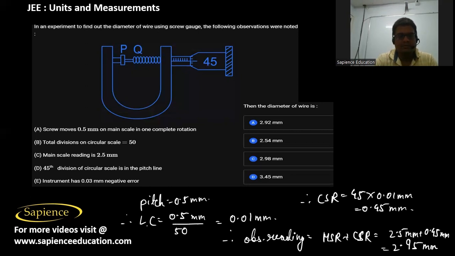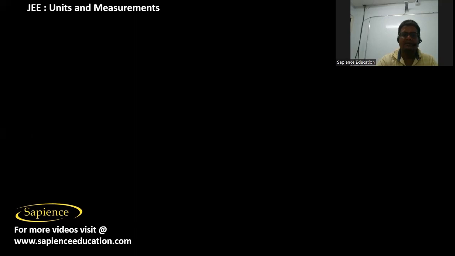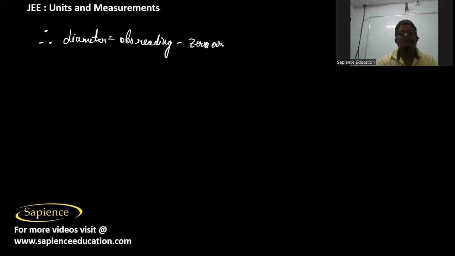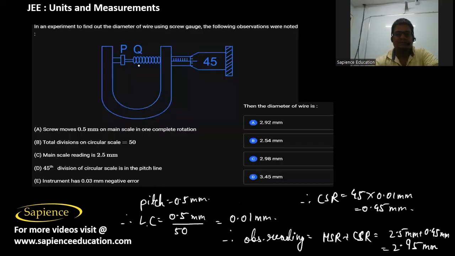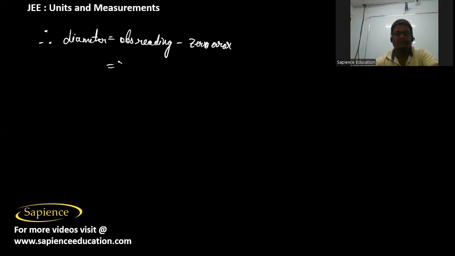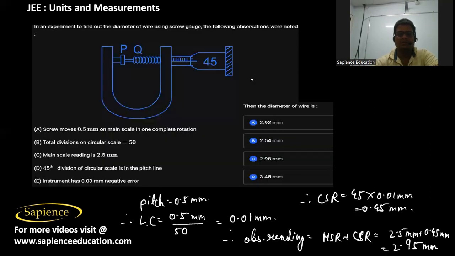And the instrument has 0.03 millimeter negative error. So therefore the actual diameter of the wire is equal to the observed reading minus the zero error. Now observed reading is 2.95 millimeter minus the minus 0.03 millimeter, since it is told it is negative zero error.